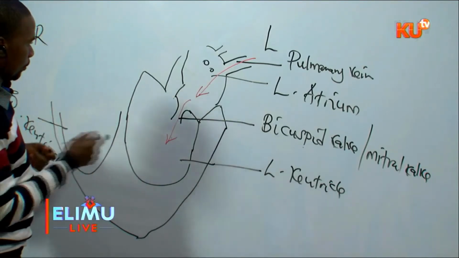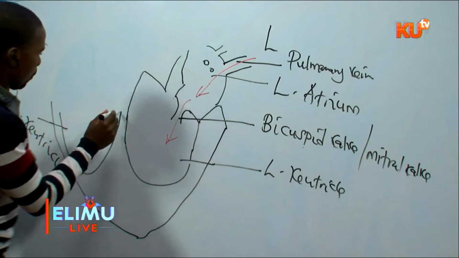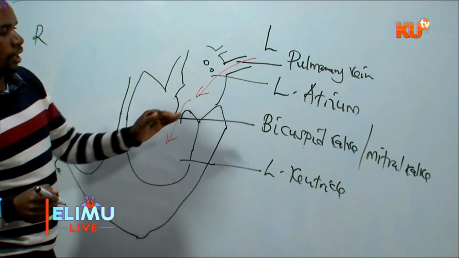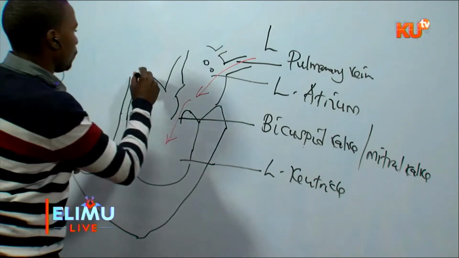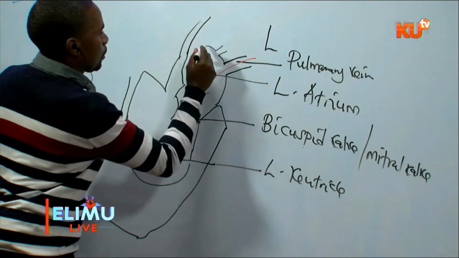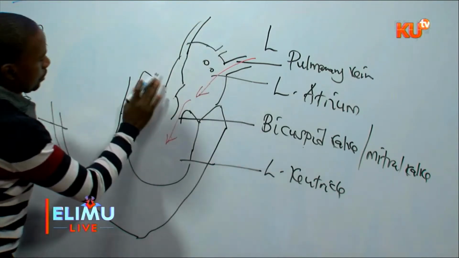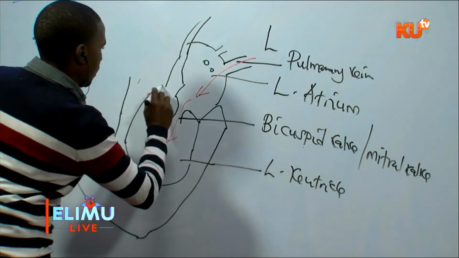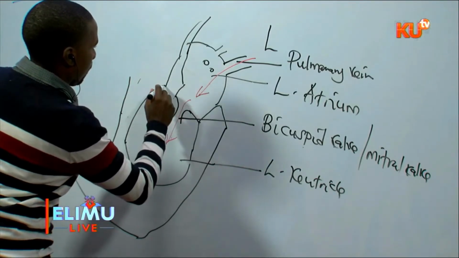Having said that, we have this region here. We are still working on the left side of the heart. So we have this region here. You'll just have to understand the whole thing here.